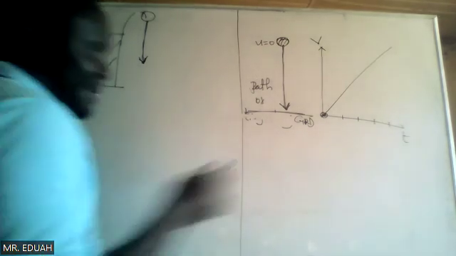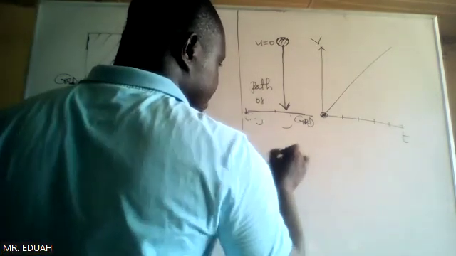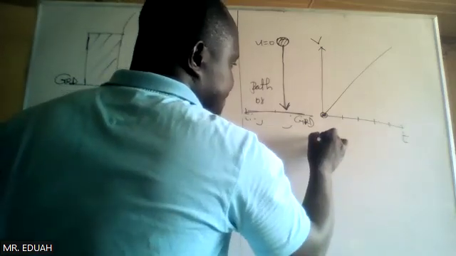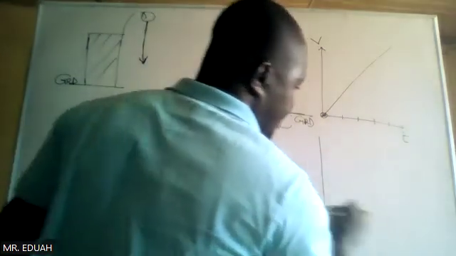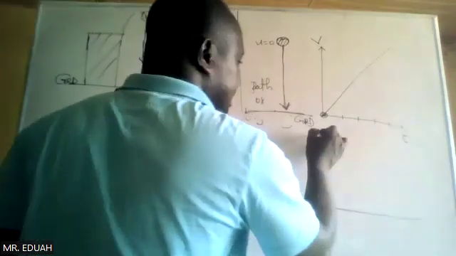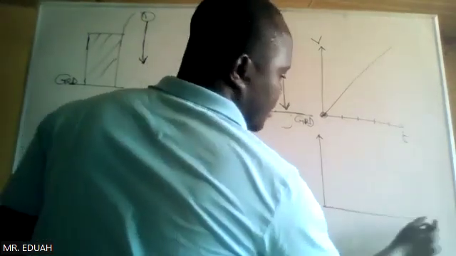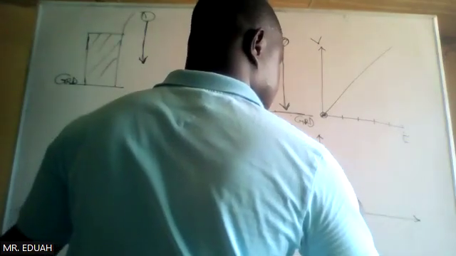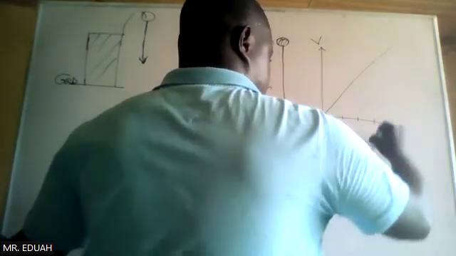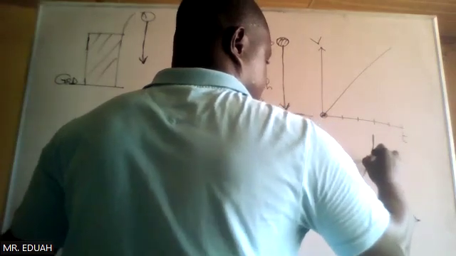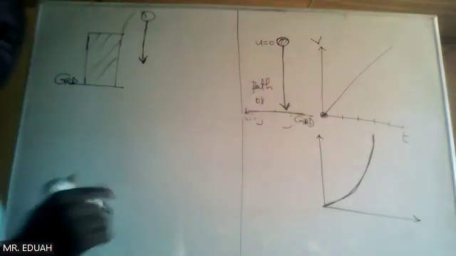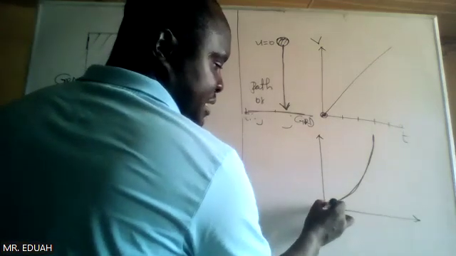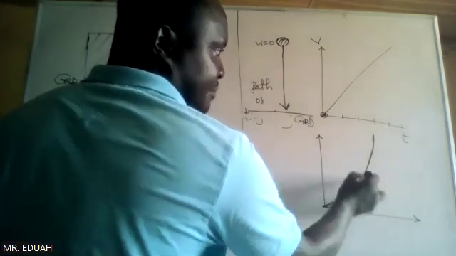Now the displacement time graph. The displacement time graph for a body falling in this manner or free falling is this. This also indicates that its displacement would also increase with time.